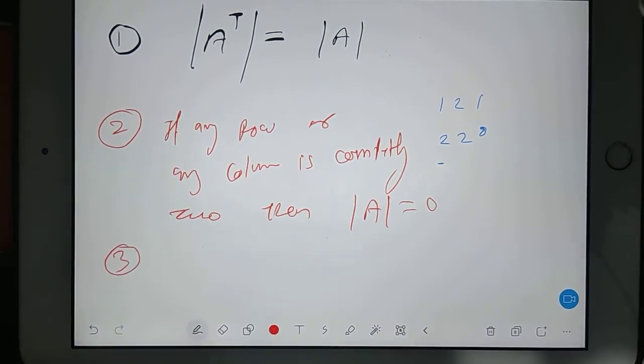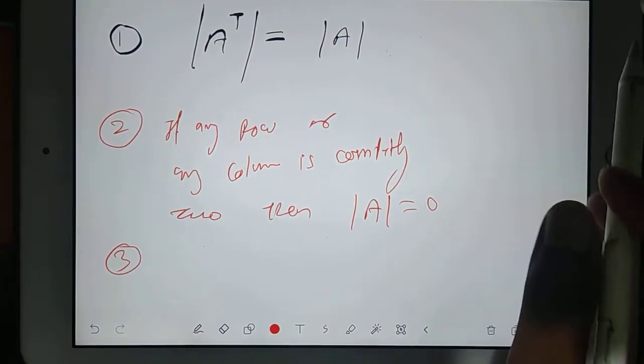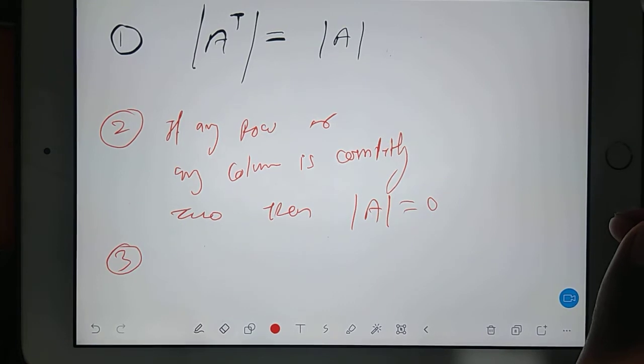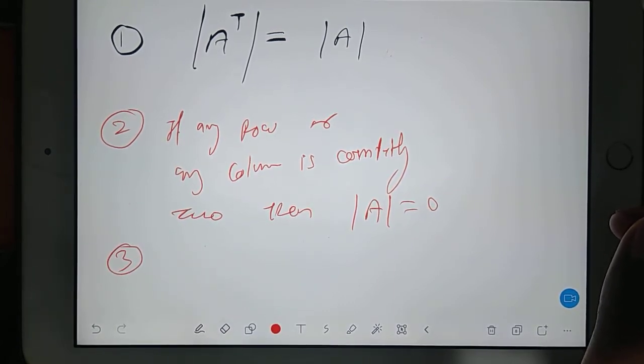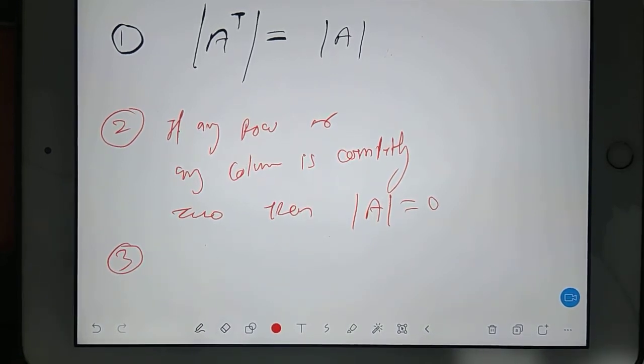And in one more case your answer is 0. Can anyone guess? What is the next point? In one more case my determinant will be 0. Give a try if you have memory from your childhood.